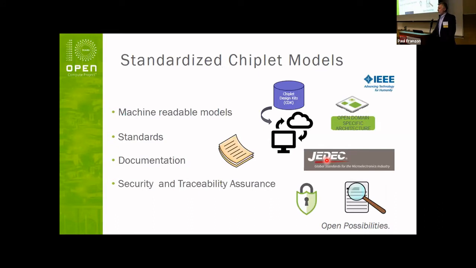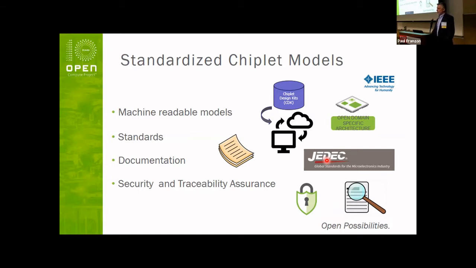To ensure operability in system and package workflows, a common set of chiplet models or deliverables from chiplet vendors is necessary. Some of the key tenets we use to comprise this list of models includes a strong recommendation for machine readable models. This is so that EDA tools and workflows can take advantage of those models.